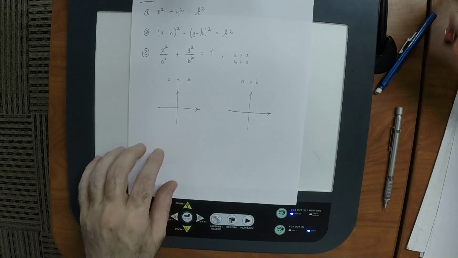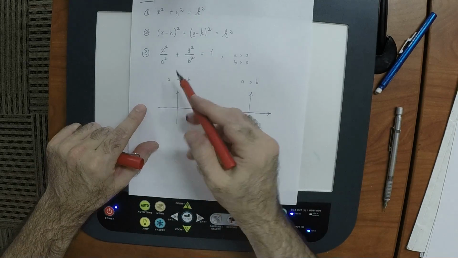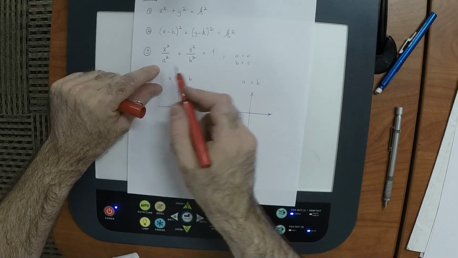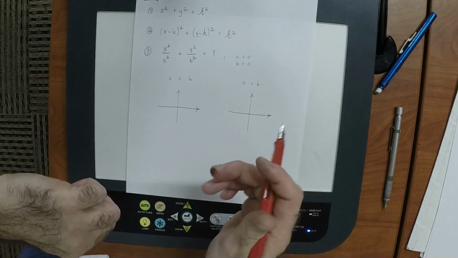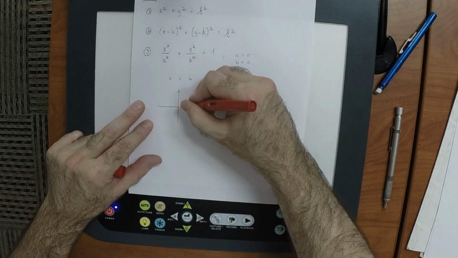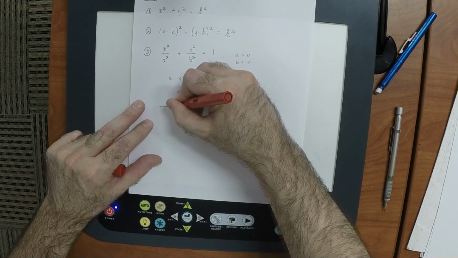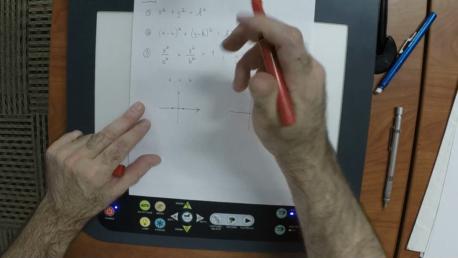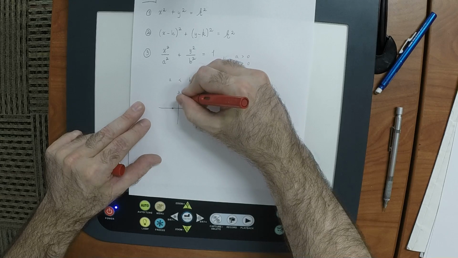If a is less than b, then what a says is that, if this were a circle, in the x direction it would have radius a, so it would look like this. But in the y direction it would have radius b, and because b is the big one, it would look like this.